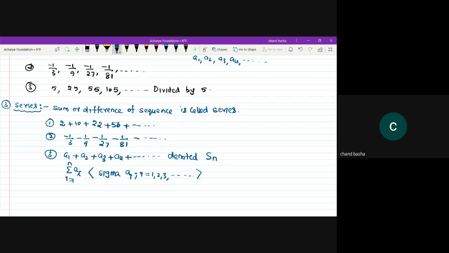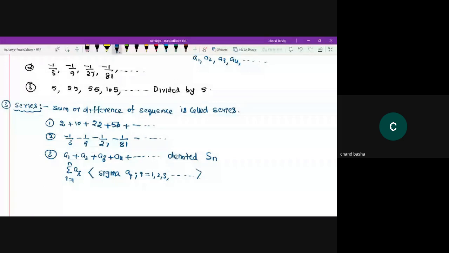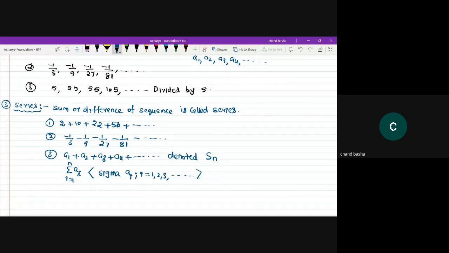This sigma notation is used for continued addition of all the given numbers. And the third point, the representation of this: instead of writing A1 plus A2 plus A3 and so on, you can write simply sigma AI, where I is equal to 1 to N. This is the third point in the series concept.